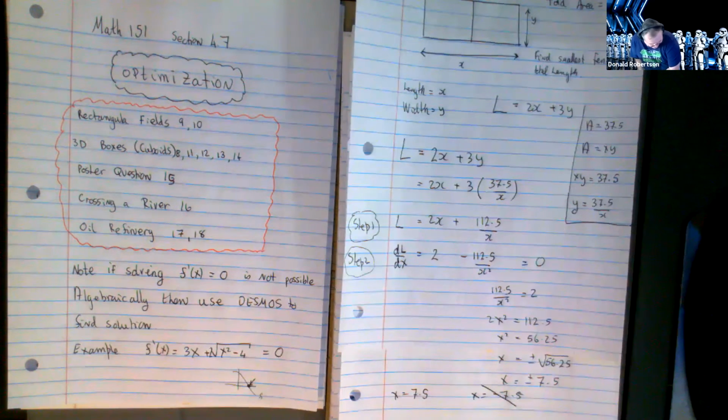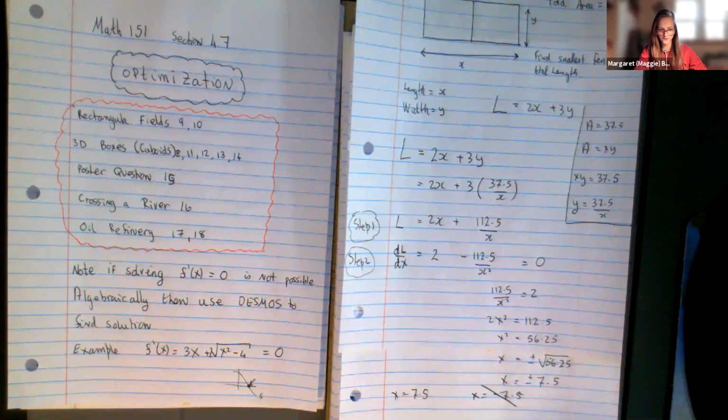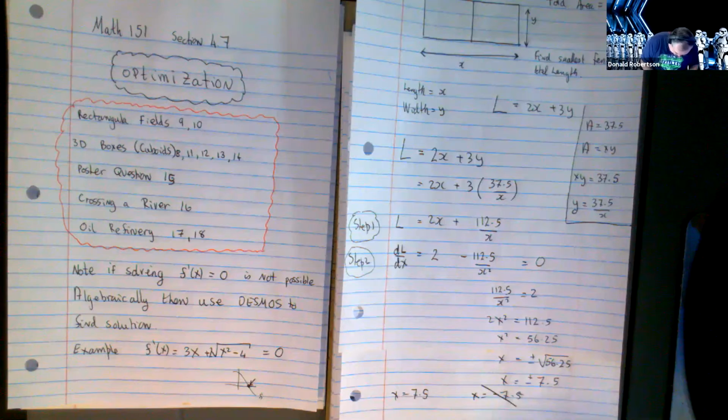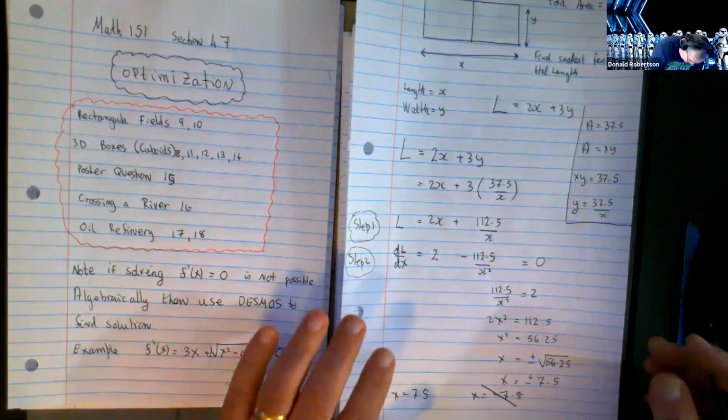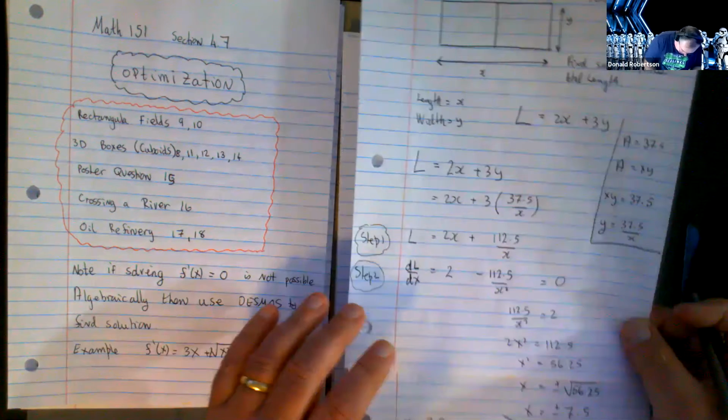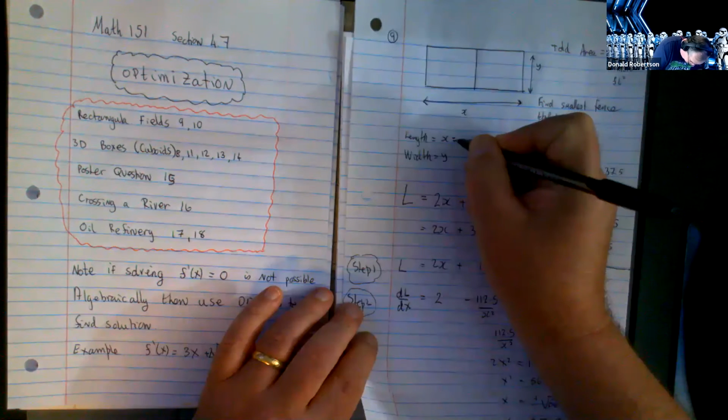Why is a negative x value not sensible in this question? You can't have a negative unit of fencing. That's it. So we know our answer. The length of this rectangle is going to be 7.5.